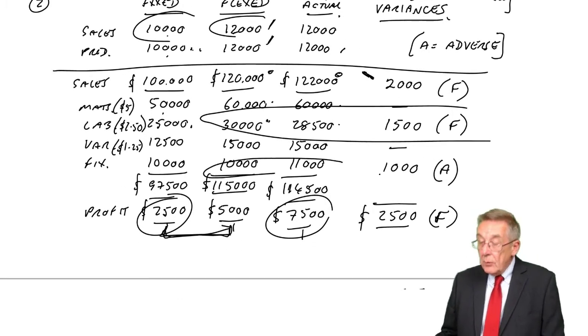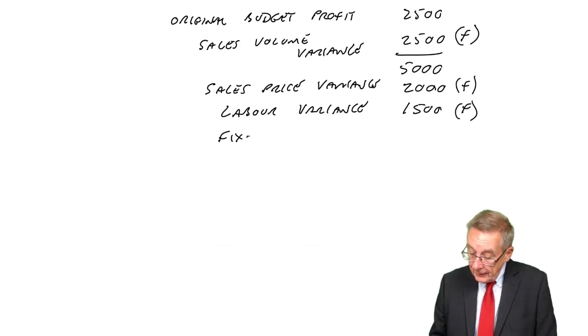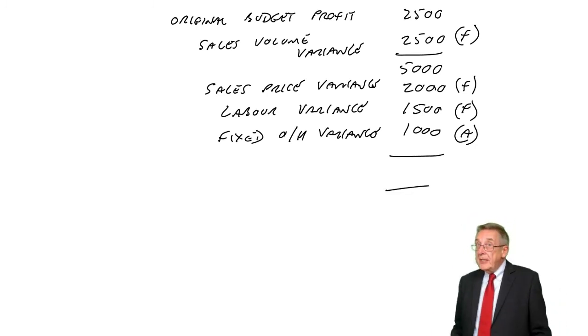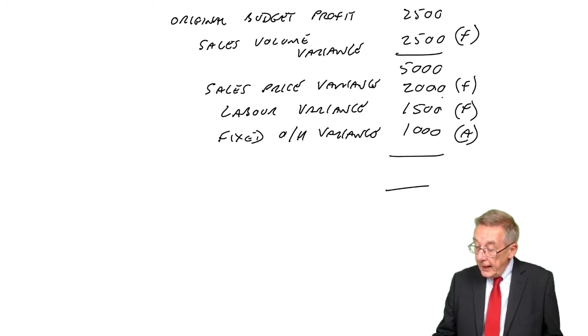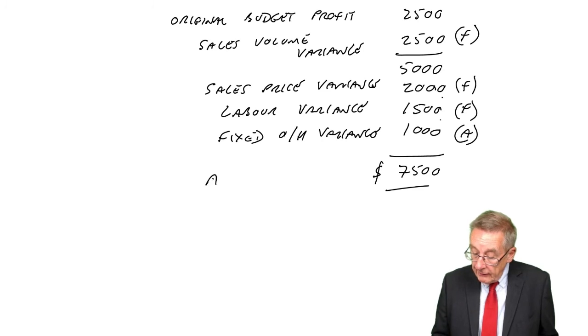Fixed overheads. We overspent by 1,000. And so how much profit did we actually make? 5 plus 2, 7, plus 1.5 is 8.5, less 1 is 7,500. There is the actual profit.